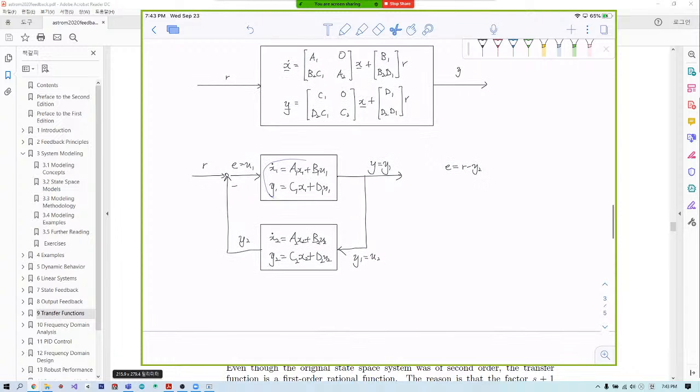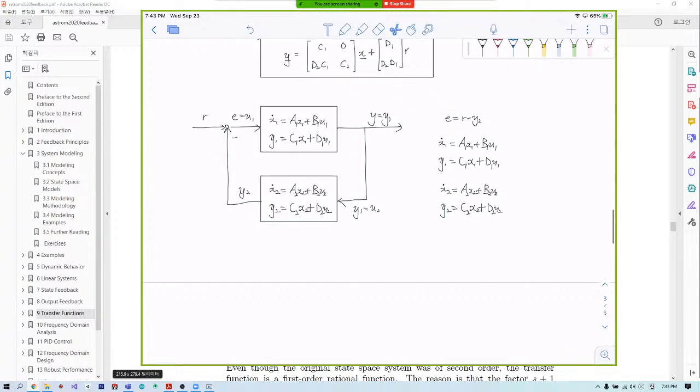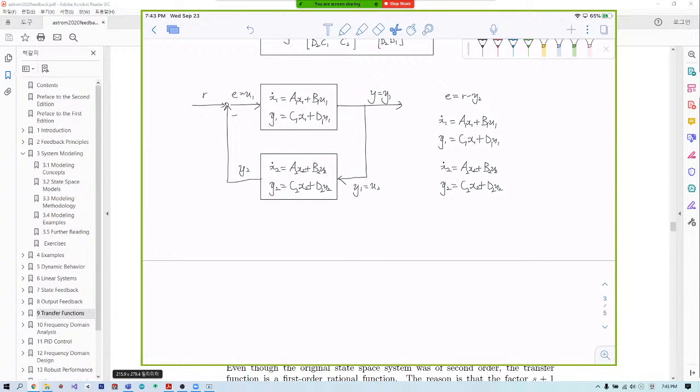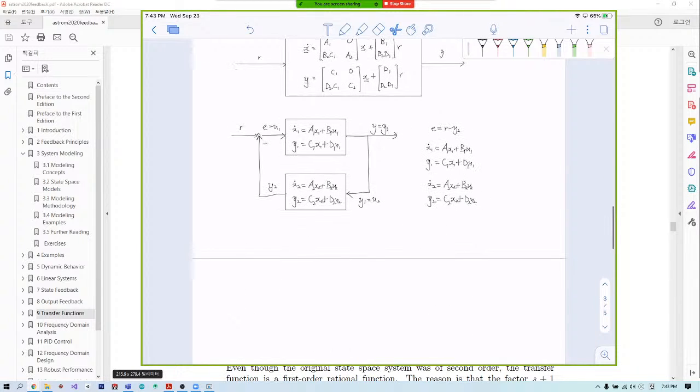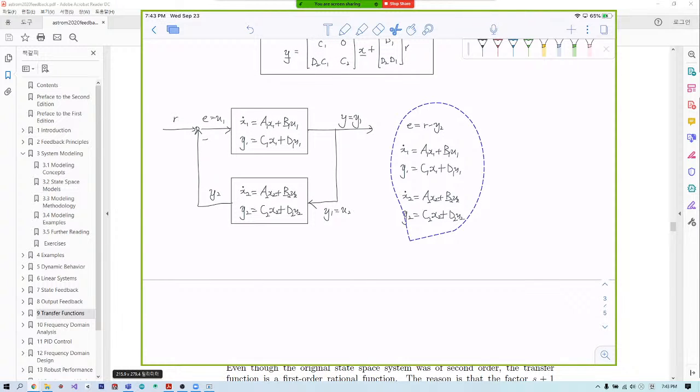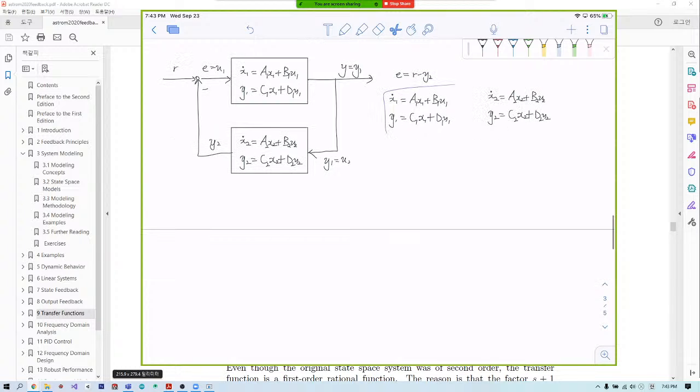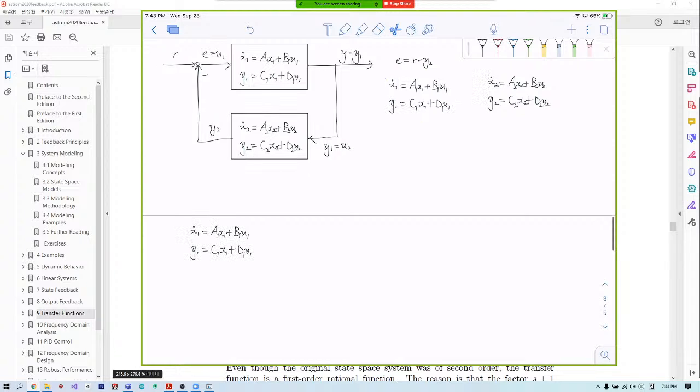Similarly, let's just copy and paste what we have here. So here, instead of u1, what do we have? Error, right?